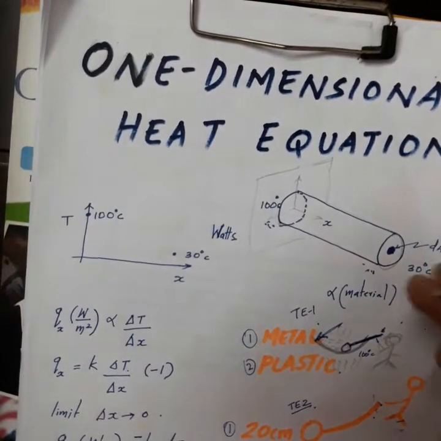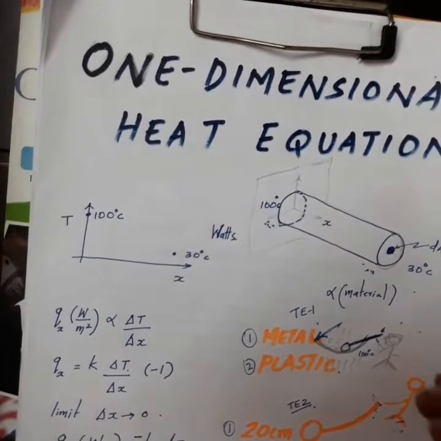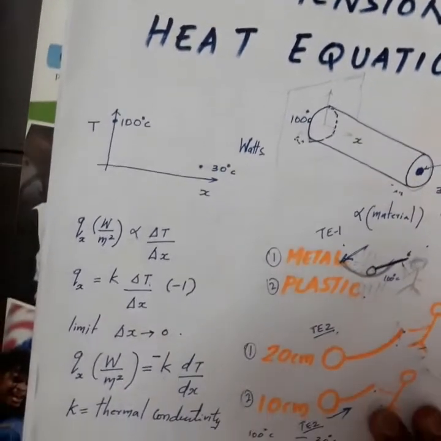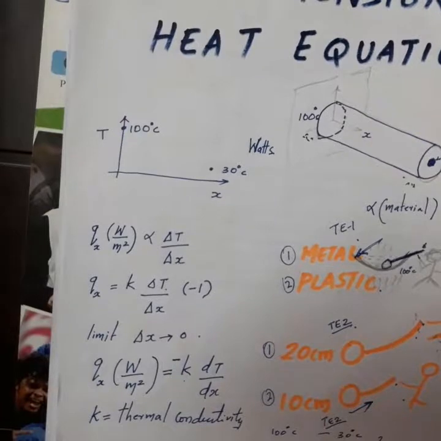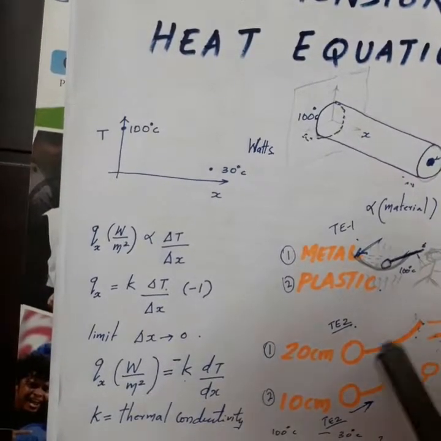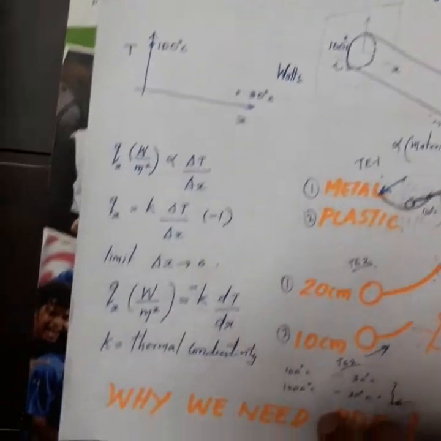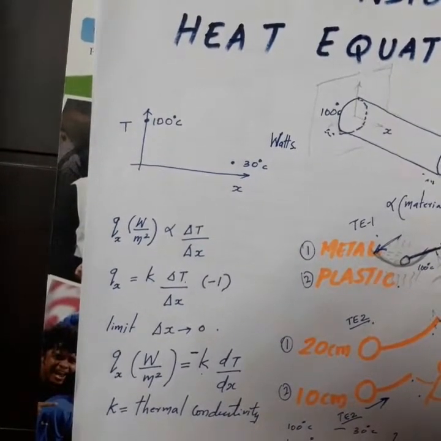We just set up the basic fundamental equation, which will be pretty useful in deriving the one-dimensional heat equation. This equation is called Fourier's heat equation.